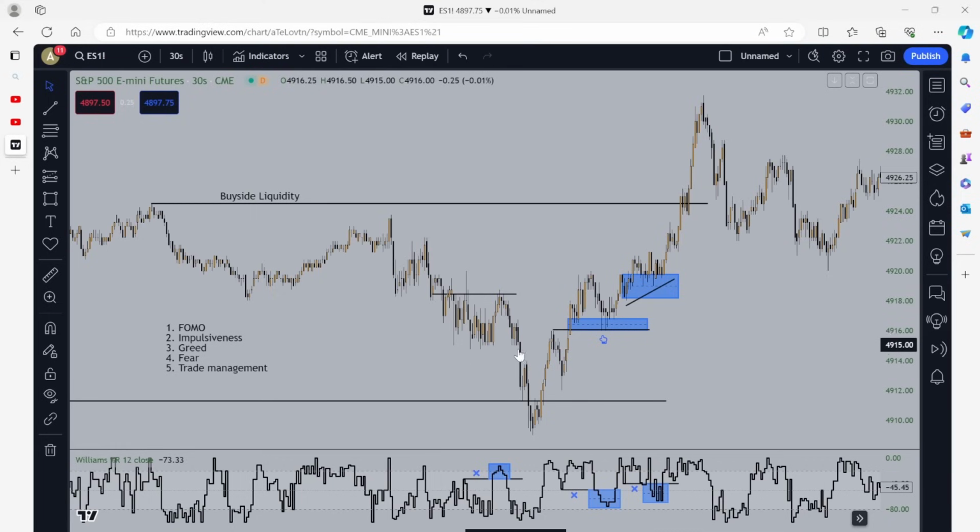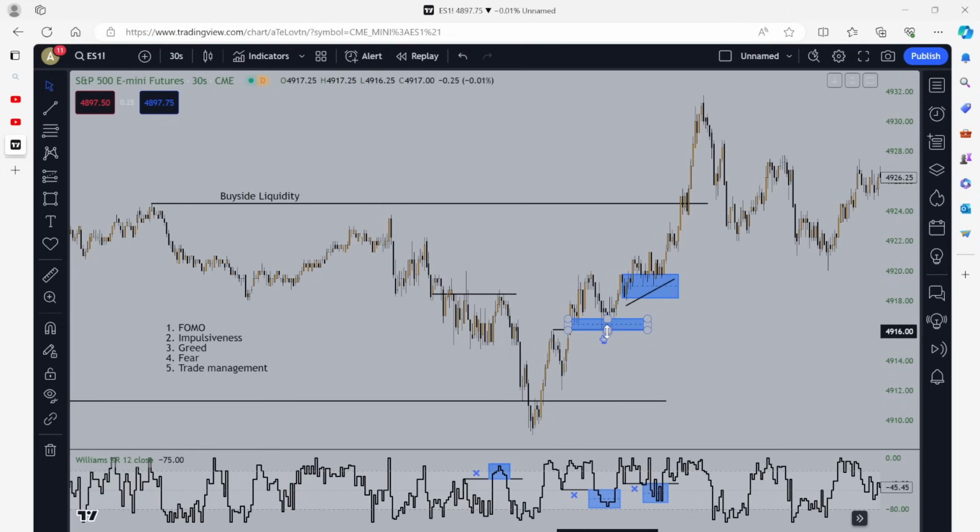Price comes up, we trade through this balanced price range, take out this high. Price is trading down into here. We're in the New York session, fair value gap, order block, balanced price range, a very small one in here. We have SMT on the indicator.